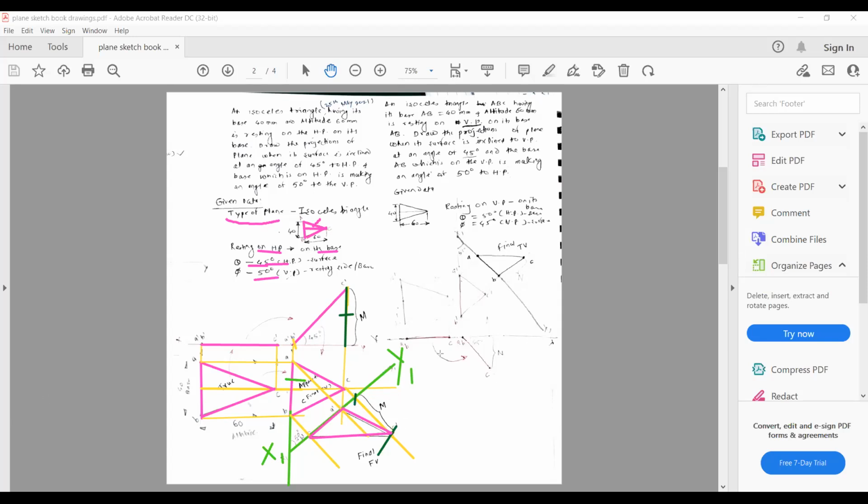Okay. Similarly, if I change the problem statement, keeping all those things the same, but only instead of resting on HP, resting on VP, you get the line in the front view, and the top will become the true shape. Similarly, you have to repeat the procedure and complete the solution for the plane resting on the vertical plane.